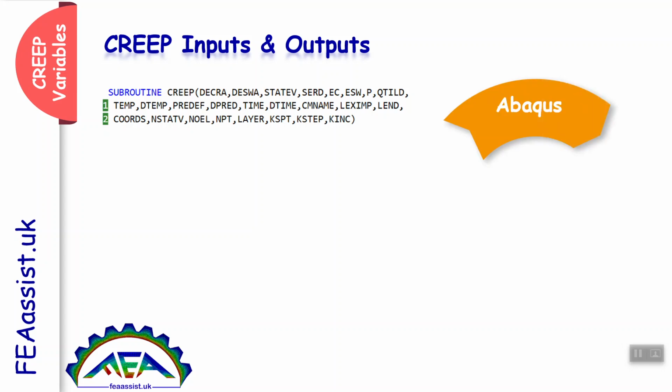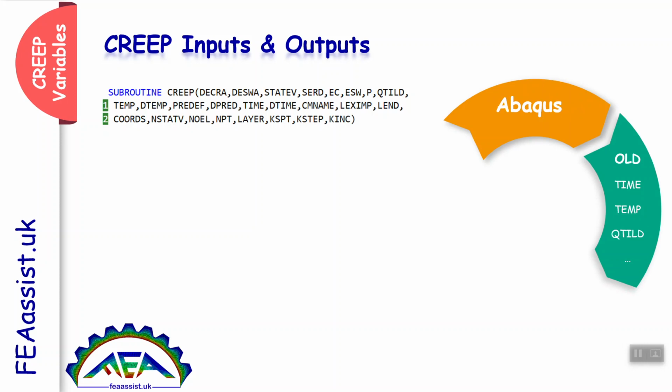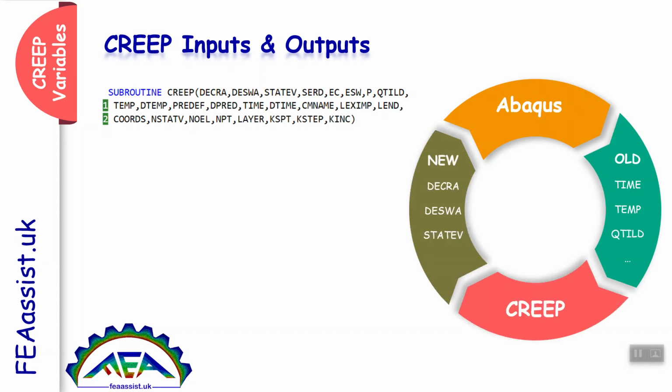Abaqus transfers the variables, which are time, temperature, and deviatoric stress, into the creep subroutine. In creep, we need to define the creep strains or swelling strains and the state variables, and return them back to Abaqus.